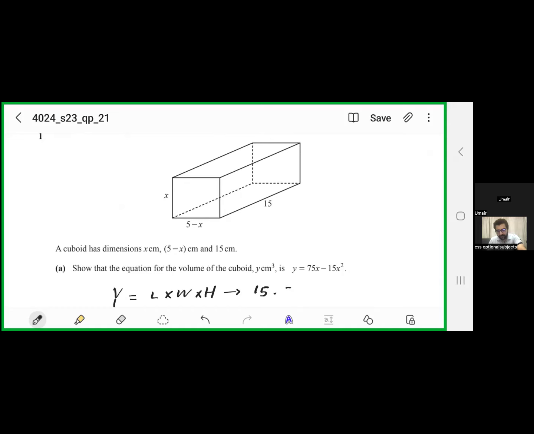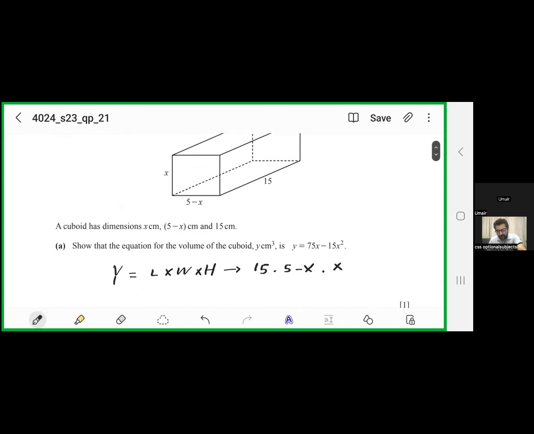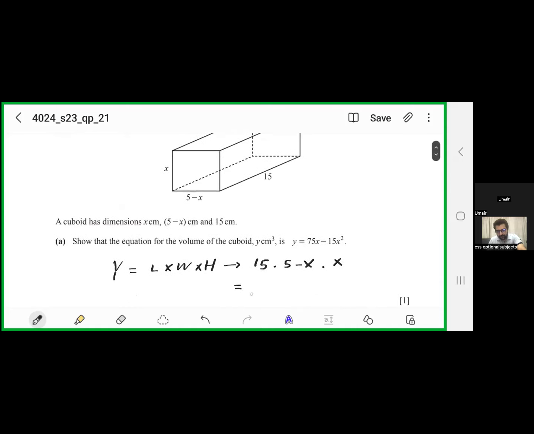Width of the cuboid is 5 minus x, dot means multiply. And height is x. So when you multiply all of them, you will get 15 bracket 5 into x is 5x minus x into x is x square.